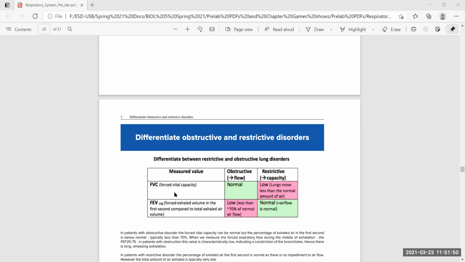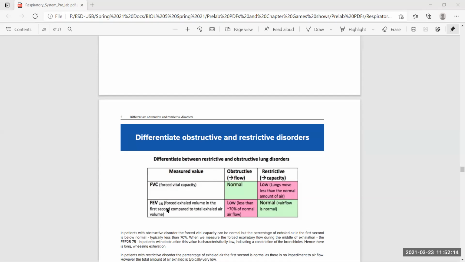So forced vital capacity, that means how much air you can exhale or inhale, is normal in obstructive because only the flow is obstructed. But in restrictive, the volume is decreased, so forced vital capacity will be low. Lungs move less than the normal amount of air.